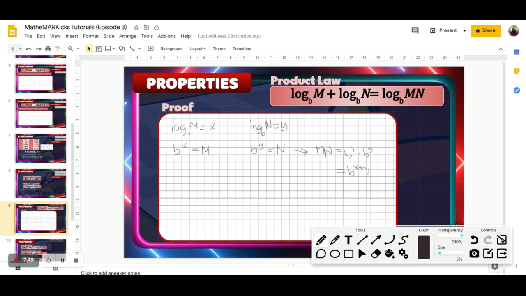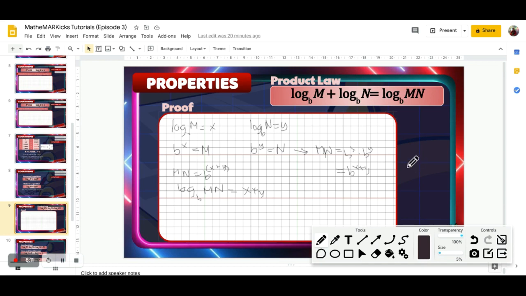And then you may express this mn equals b raised to the quantity x plus y in logarithmic form. So it's log of mn base b equals the exponent x plus y.